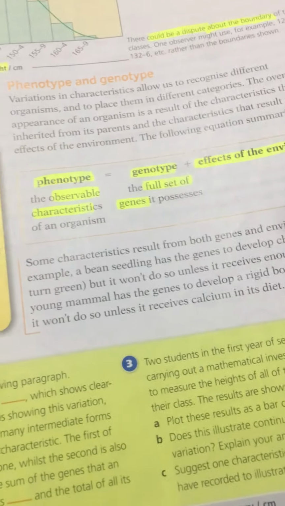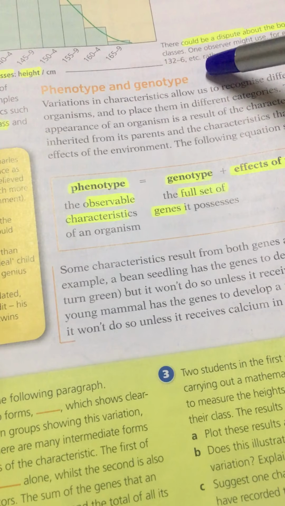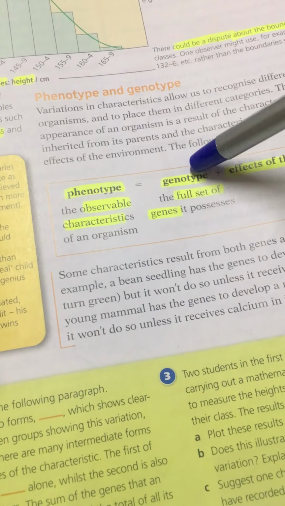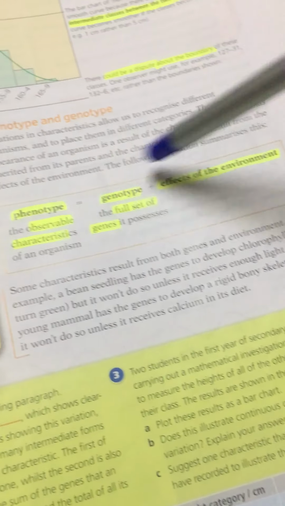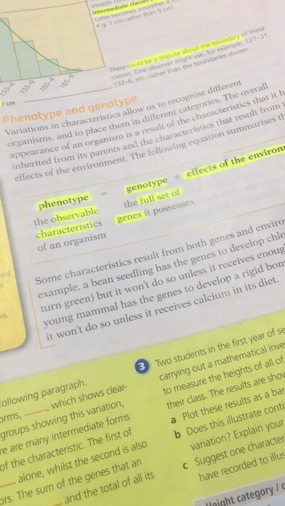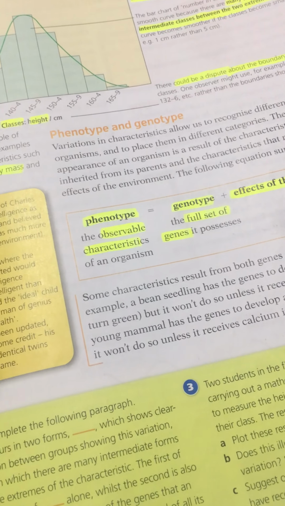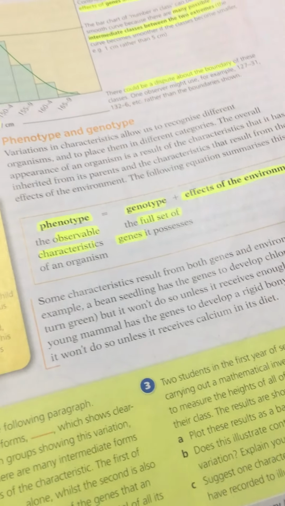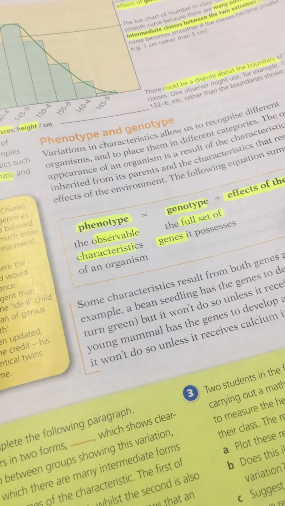The last thing in this lesson, we have to remember what we mean by phenotype and genotype. We say that genotype is the full set of genes. When the genotype combines with the effects of the environment, that will produce the phenotype. Phenotype is the feature or the observable characteristics of the organism. For example, the phenotype of eye color is brown or blue.